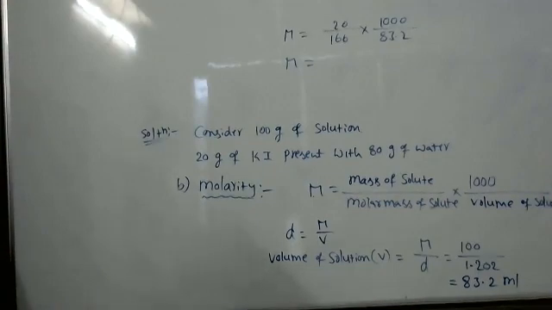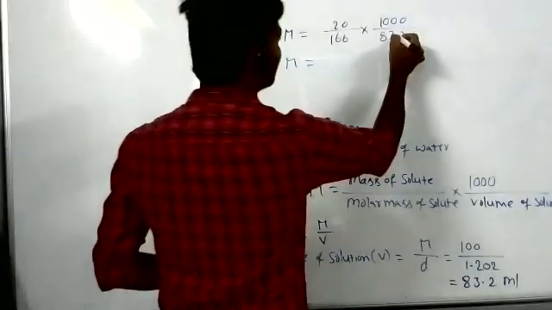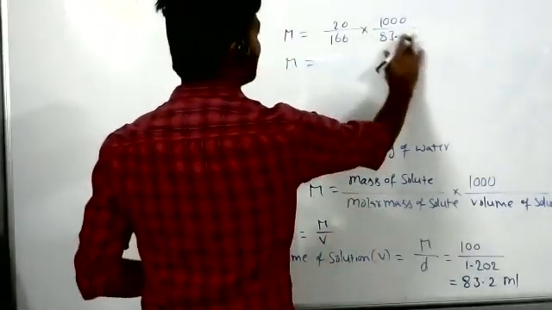Tell me, can we take 83 into 83.2 as 83 whole square? How can you take 83 point whole square? Okay, that is 83.2.